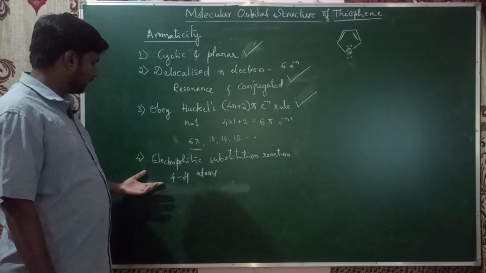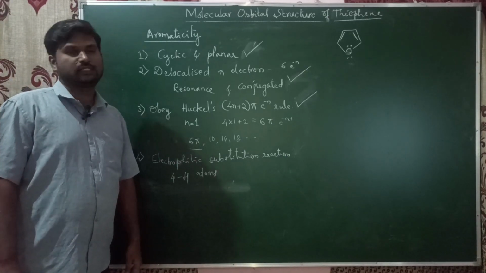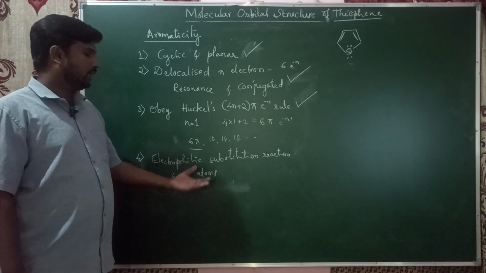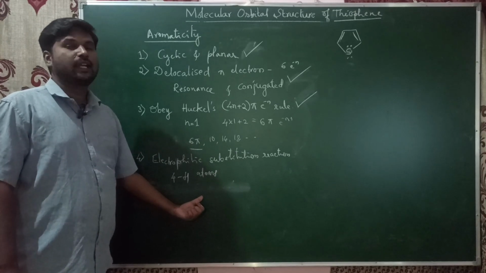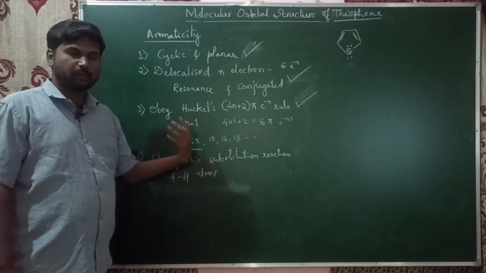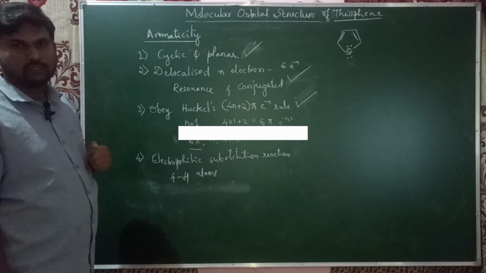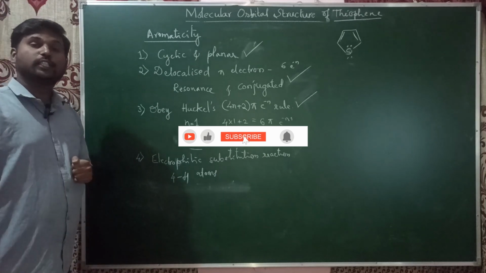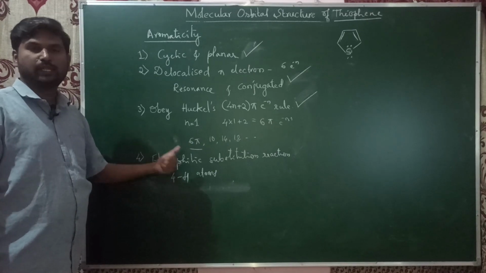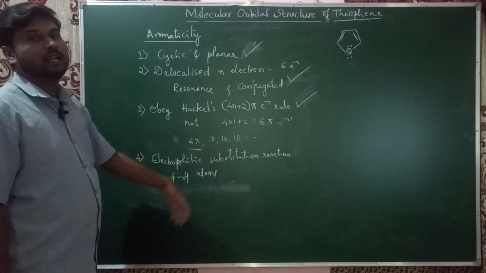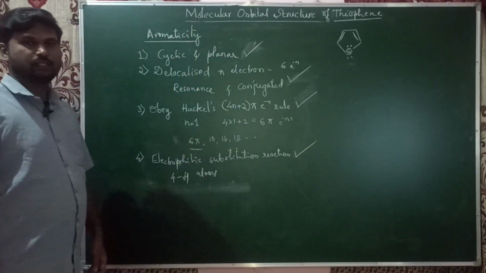The last and final criterion is that the compound must undergo electrophilic substitution reactions. For electrophilic substitution we need at least one hydrogen, because the hydrogen is replaced by the incoming electrophile. In thiophene, the molecular formula is C4H4S, so there are 4 hydrogen atoms. These 4 hydrogens can be replaced by an electrophile, so it can undergo electrophilic substitution reactions.